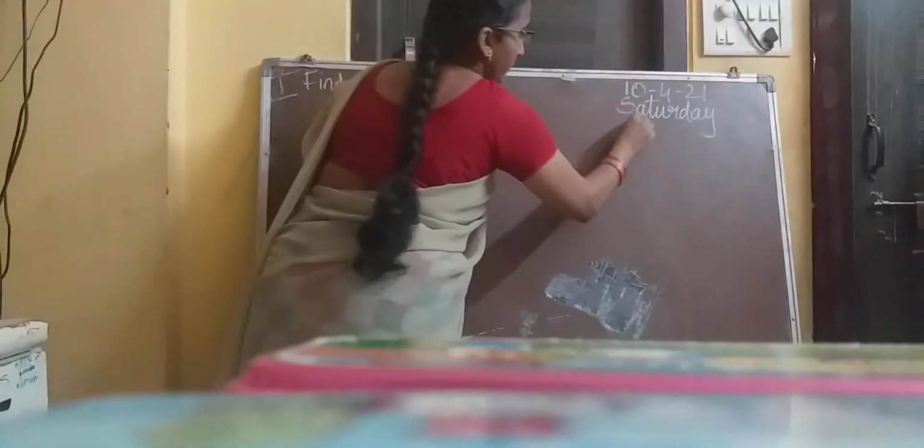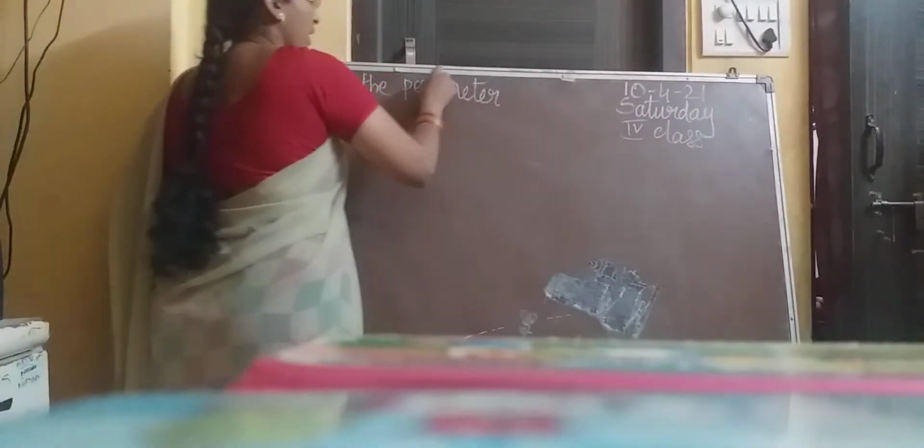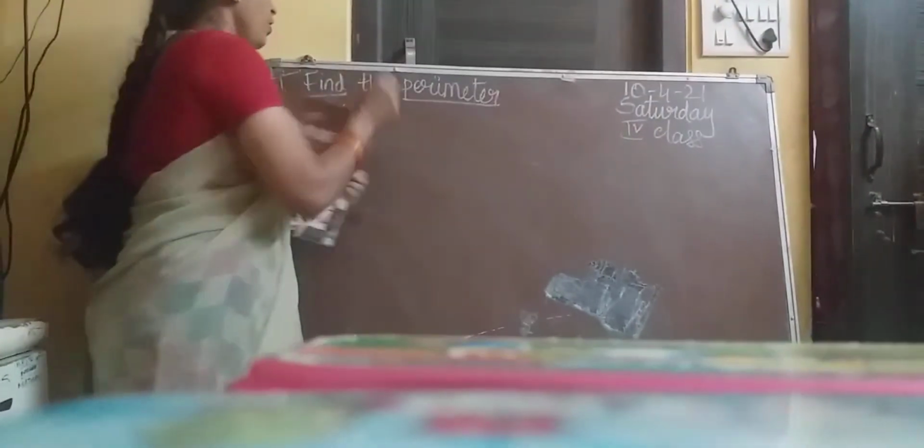Okay, children? You do not need to write 4th class. Find the perimeter. You should write the heading like this and draw the figure, children.